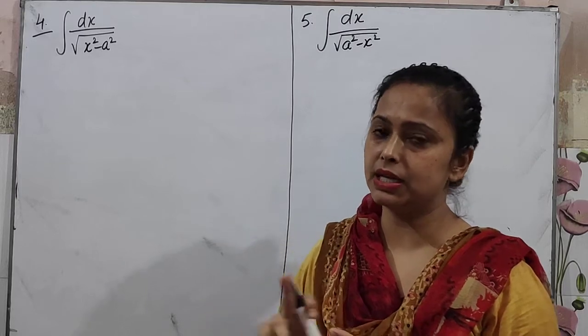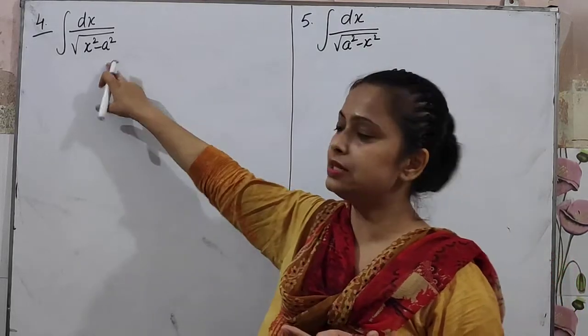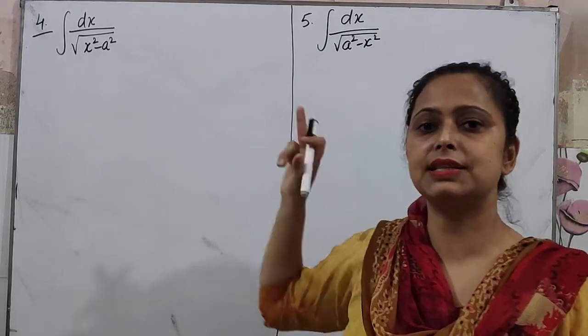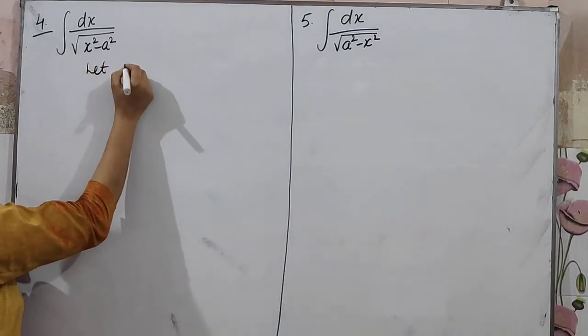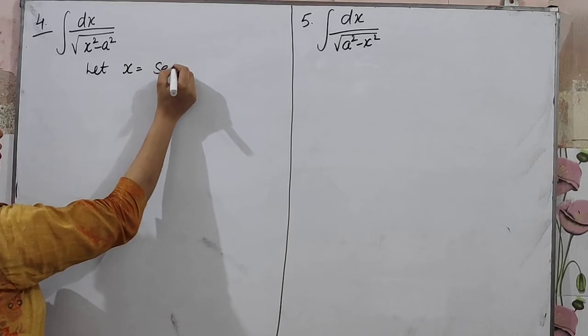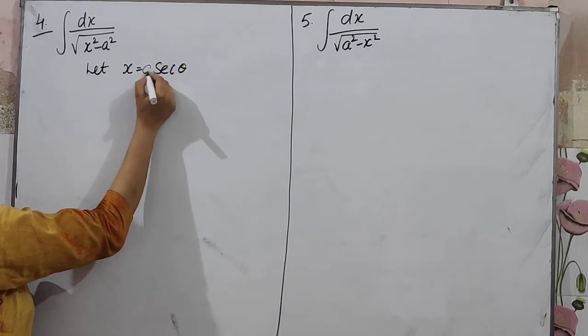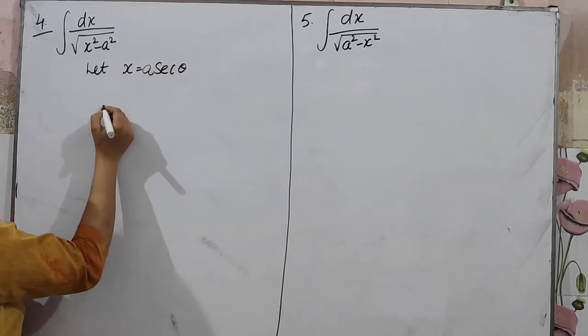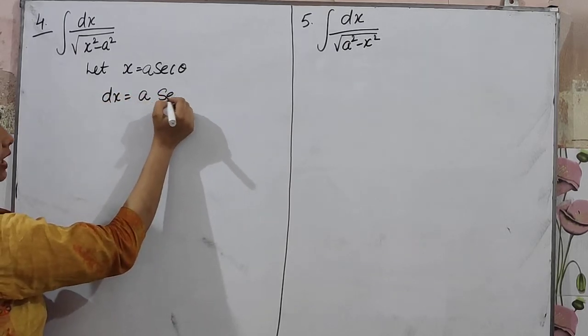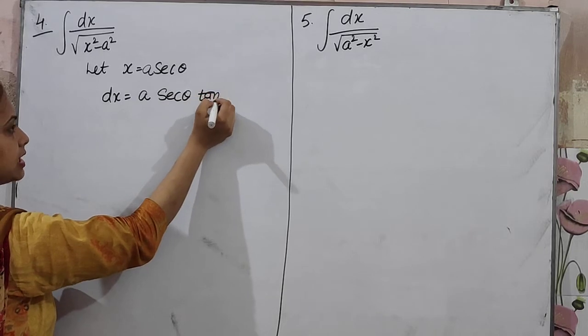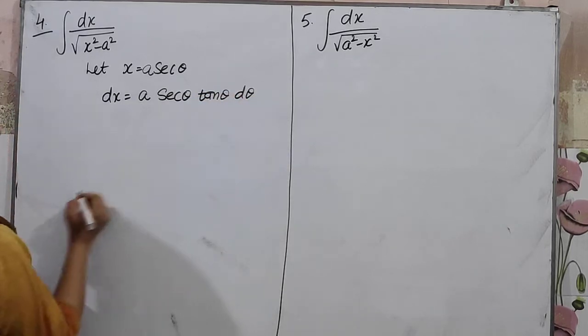Tangent square theta minus 1, no formula. Secant square minus 1, yes. So in this question we will let x equal to a secant theta. Differentiate: dx equal to a, the derivative of secant is secant theta into tangent theta d theta.